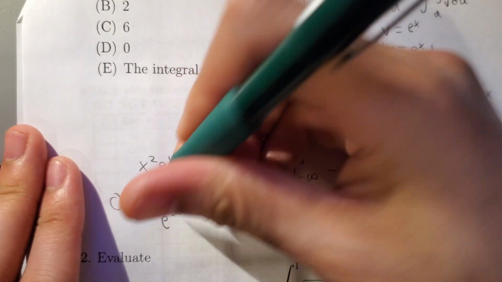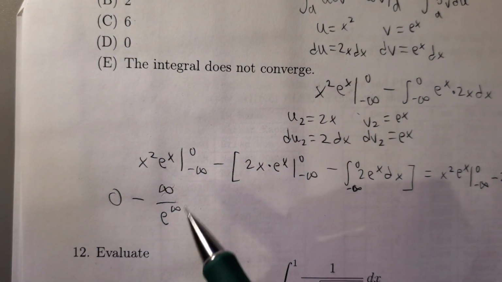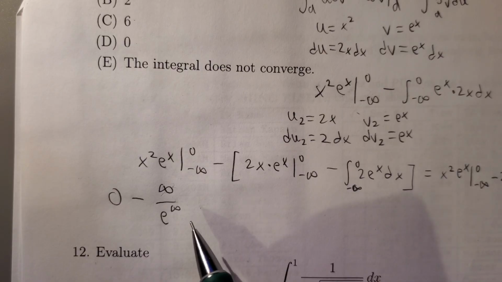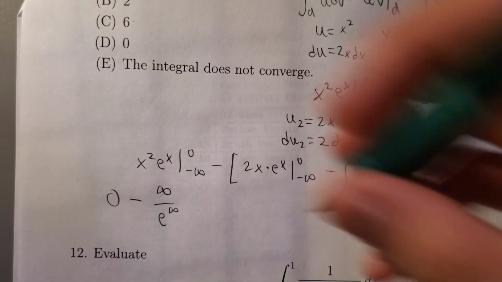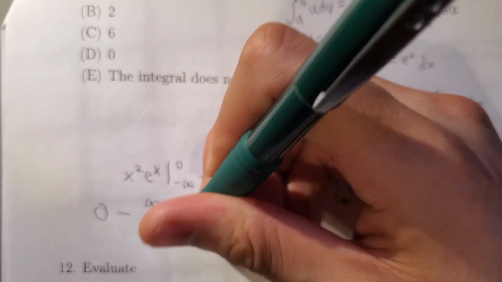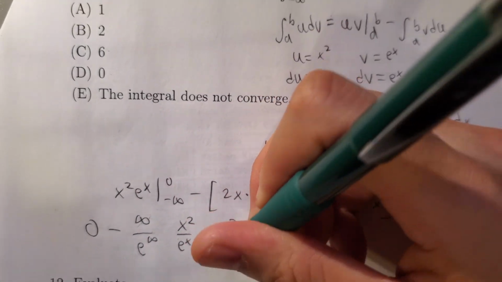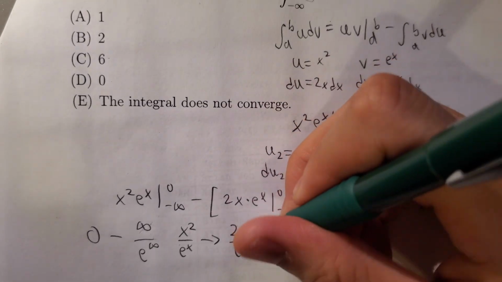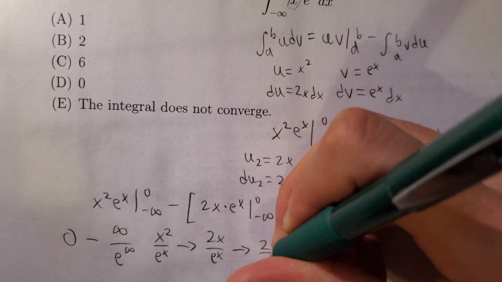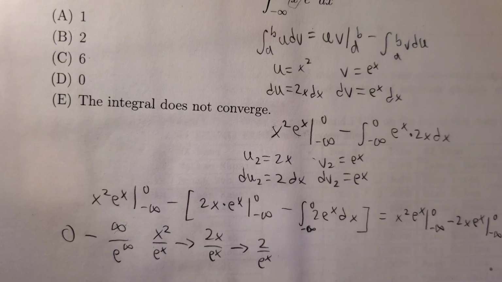And so if you do L'Hopital's rule twice, you'll start with x squared over e to the x, and then that becomes 2x over e to the x. And then the second time it's going to become 2 over e to the x.